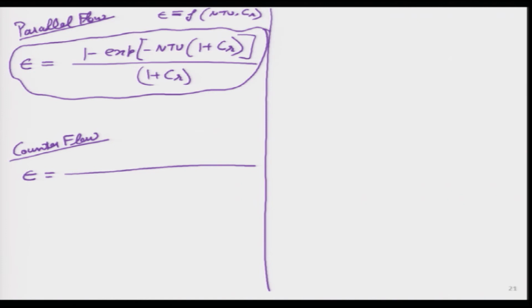Okay. And a similar expression we can write for counter flow as well. We will have to do that exercise very rigorously once more. I am not going to do that because of lack of time, but I encourage students, please go ahead and do it yourself. It will be a very interesting result that we get. So, that final expression I am providing over here, and it will turn out to be something like this.